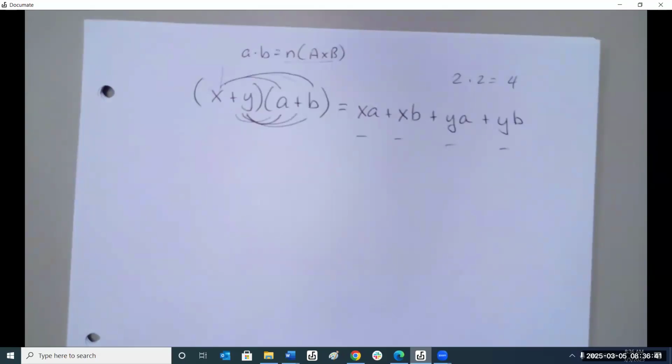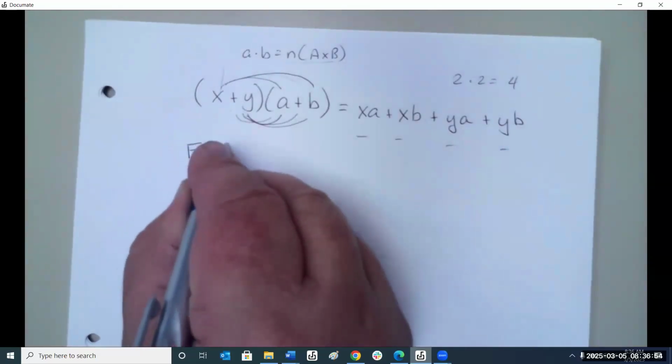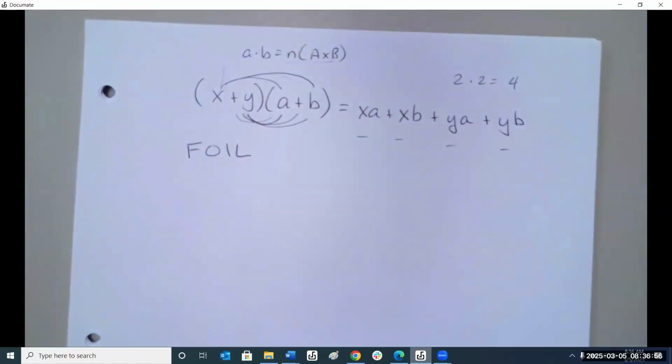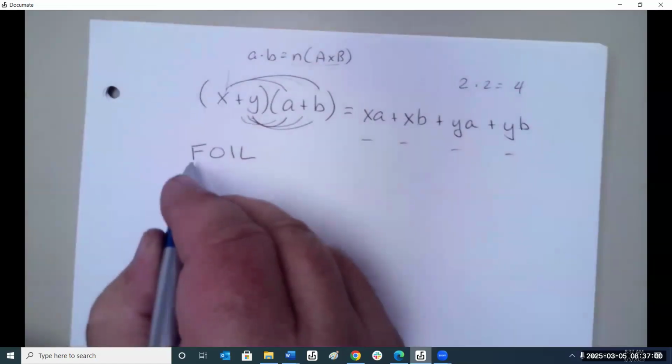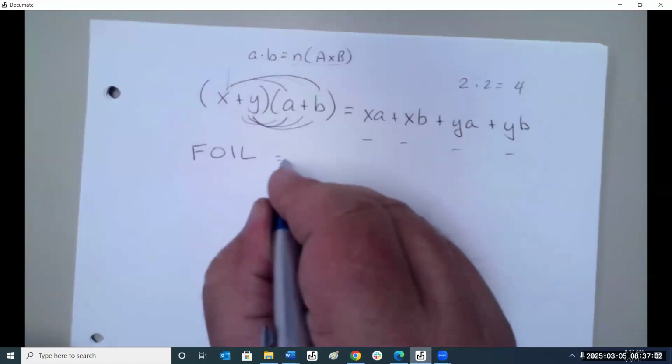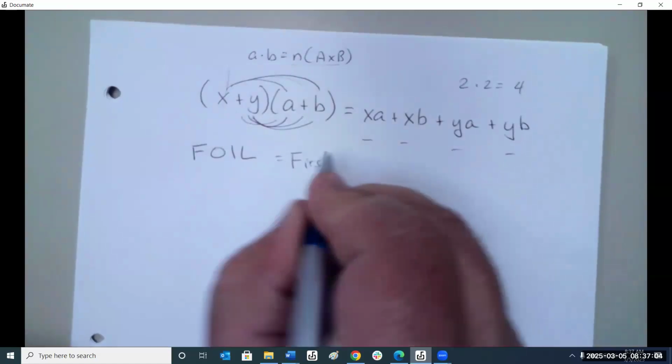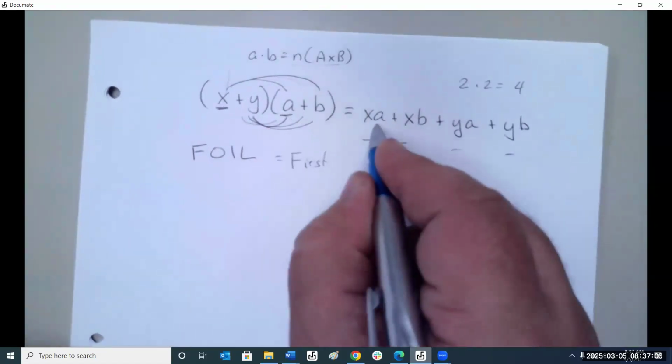Have you seen this before? They gave it another name in high school that students just memorize. What is this method called? FOIL method. First, you took the first numbers, multiplied them together.